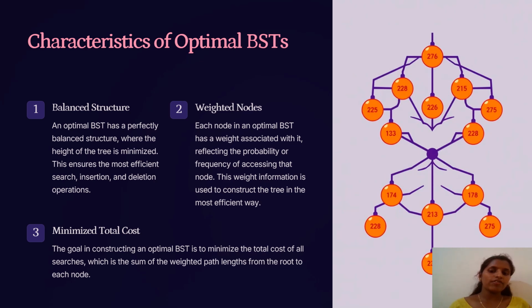This weight information is used to construct the tree in the most efficient way. Minimize total cost. The goal in constructing an optimal binary search tree is to minimize the total cost of all searches, which is the sum of the weighted path length from the root to each node.